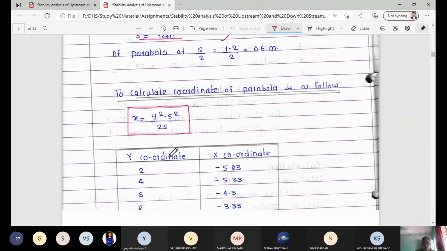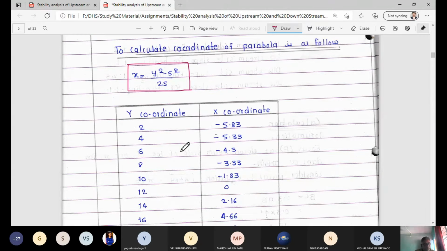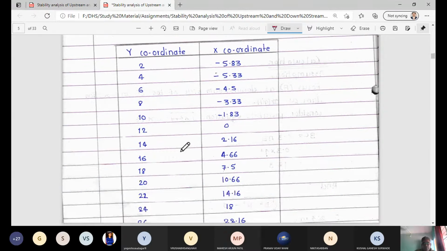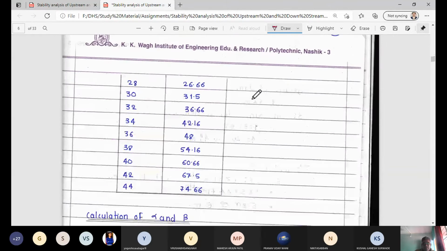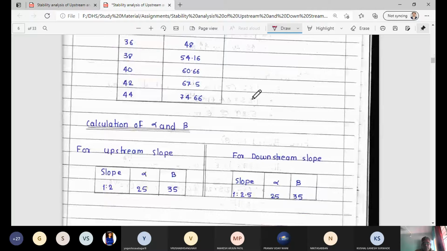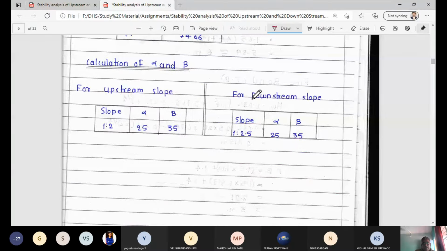As we know the y coordinate because of the height of the dam, then as per the height, you can find out the x value. Substituting this y value in this equation, you will get the value of x, and by knowing this x value, you draw the phreatic line.